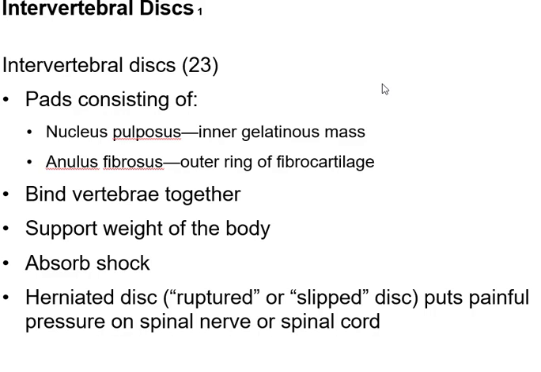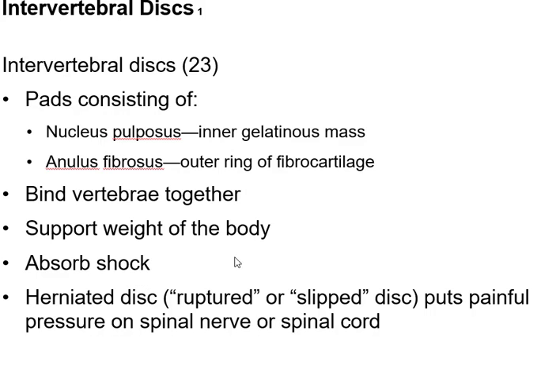Each of those discs that's between the vertebra has two major parts. One of them is the fibrocartilage that makes up the outside part, and then inside is a kind of gelatinous mass. So think about somebody putting Jello inside of your disc. So it has a little give to it.